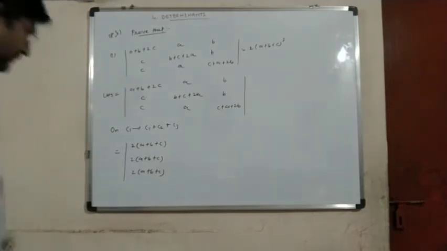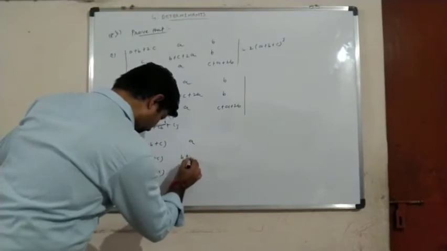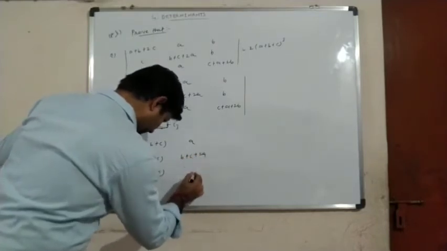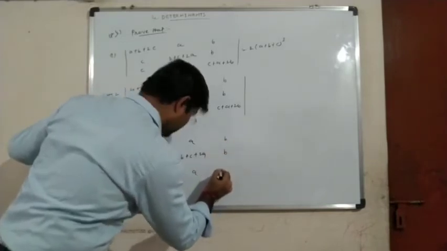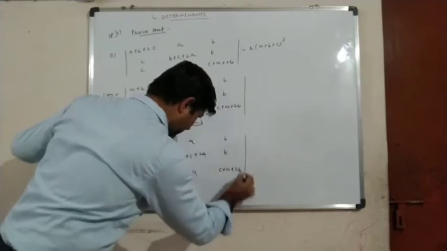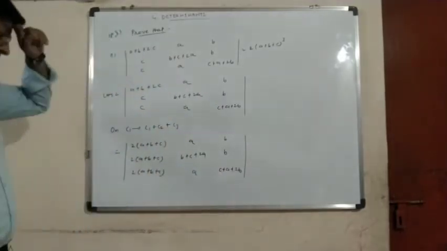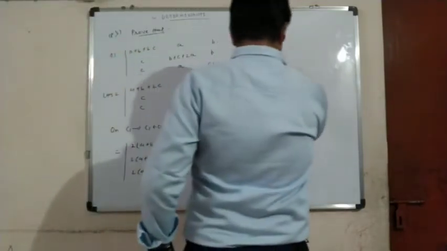The second and the third column we will write down as it is: c, a, a, b, and b, c plus a plus 2b. Okay, now we can take 2 into a plus b plus c common. Yes or no? So let us take that common.